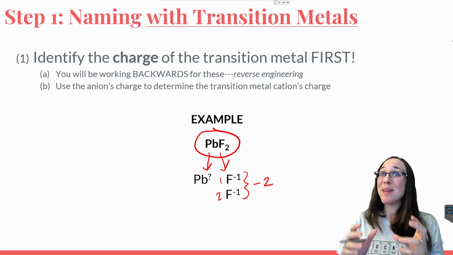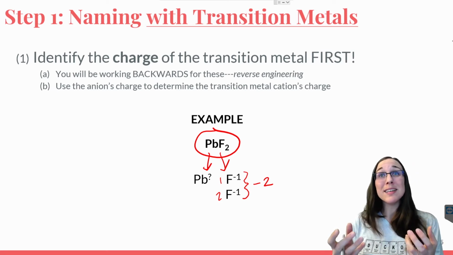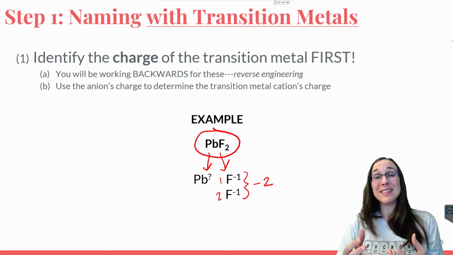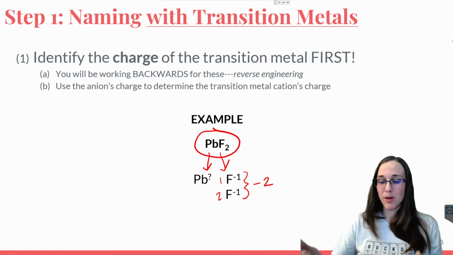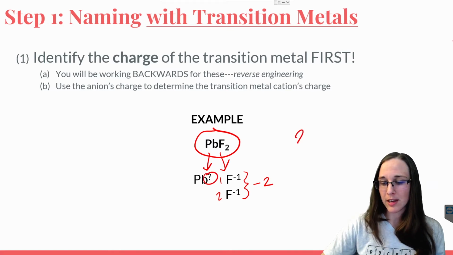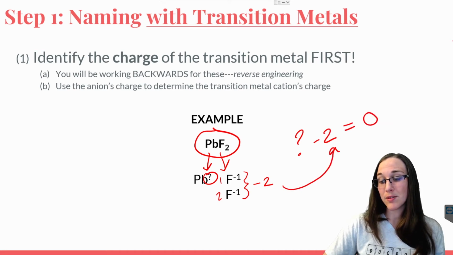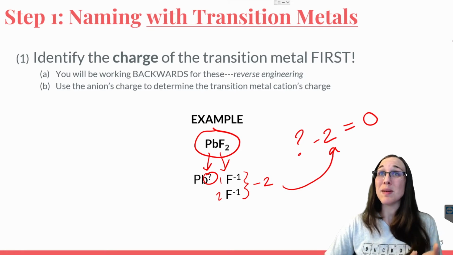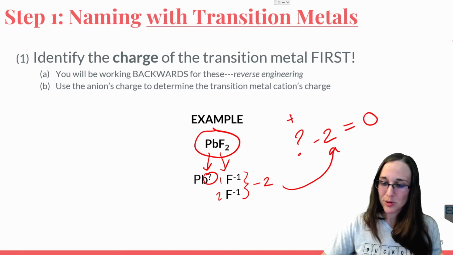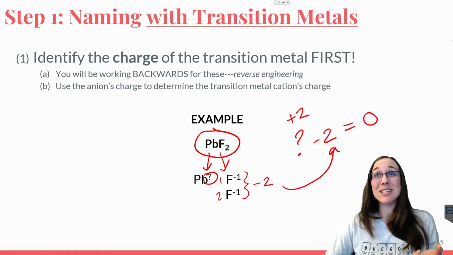Because of this, and because we know that the molecule must be overall neutral when together, we know that Pb has to be something -2 that equals 0. So Pb's question mark here is essentially saying what -2 from here will give me 0. Hopefully you recognize that the question mark has to be 2. +2 -2 gives me 0.